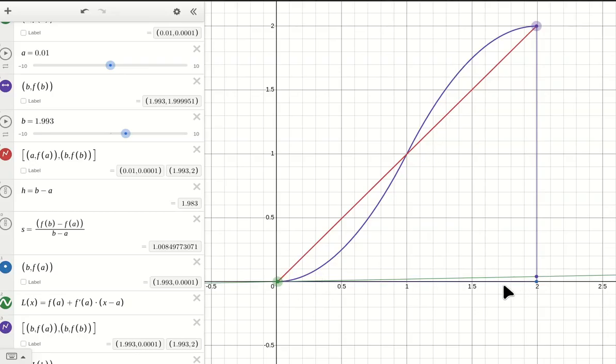Along the bottom, the time is 2 minutes, and the distance traveled is 2 kilometers. So the average speed is the slope of this line, which is dy over dx: 2 kilometers over 2 minutes. That's 1 kilometer a minute on average. So that's our average velocity.